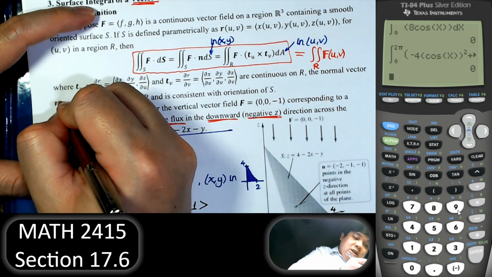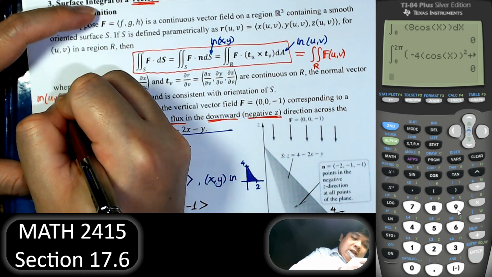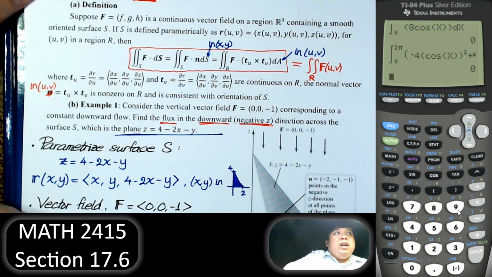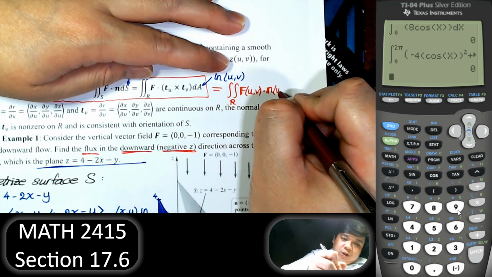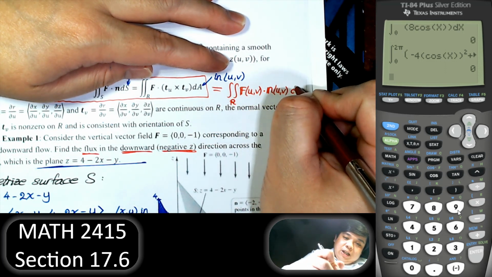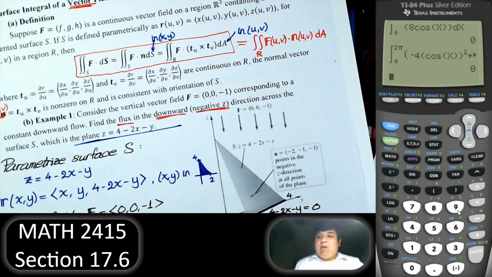I should specify this is the normal vector in terms of u and v. That will be clear, right? That dot product with the normal vector in u and v, and then dA. So either form here should be fine.